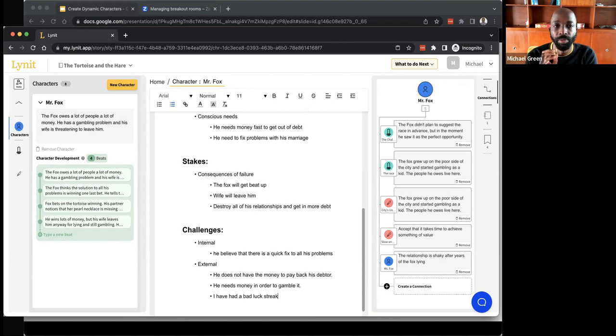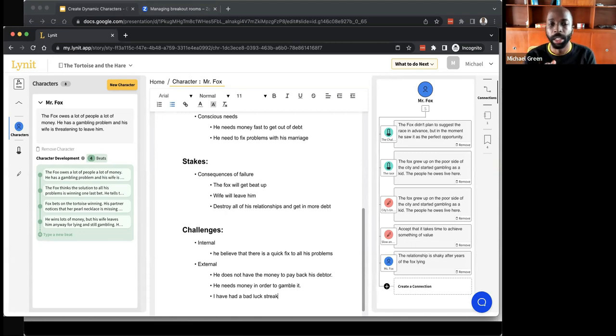So now I'll send you back to your breakout groups, where you can take the story, your character that you've been structuring as you've been going through the story.